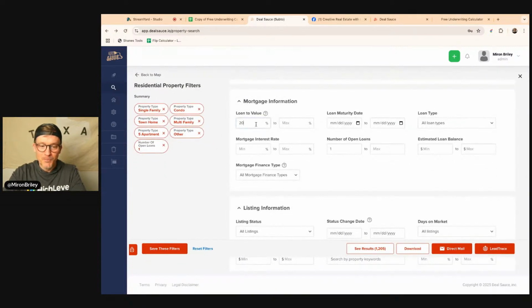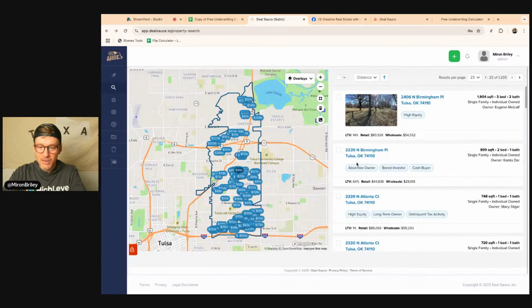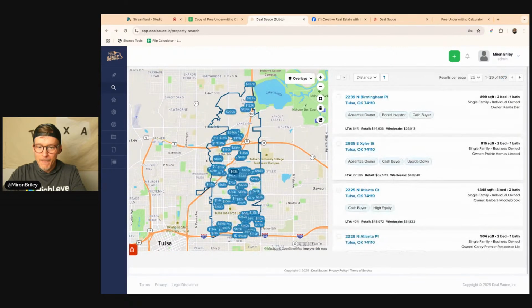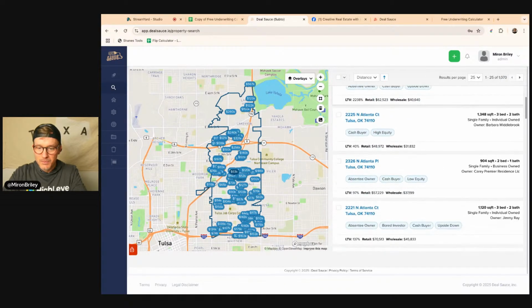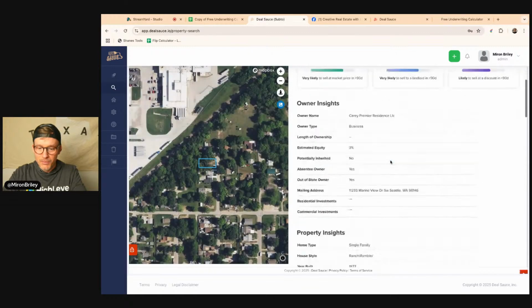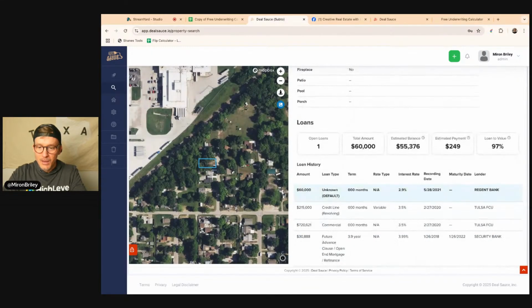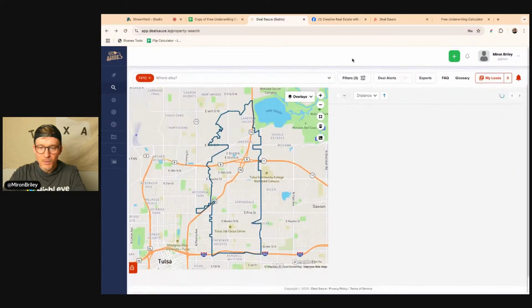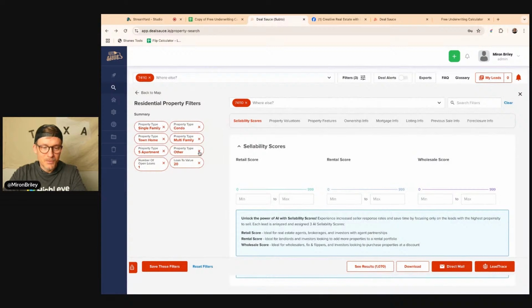So let's just get a low equity property to look at. Okay, so this might be a piece of land. They have a loan on it for 60,000, about 55 left on the loan, and they pay 249. Why are they giving me land to look at? You guys, give me a break here.